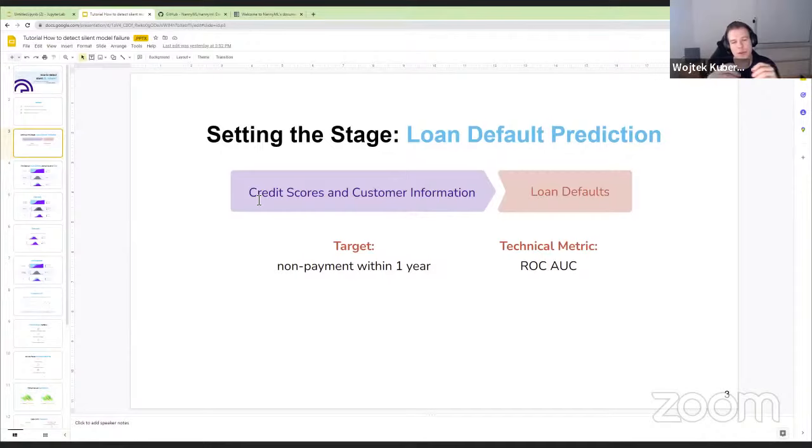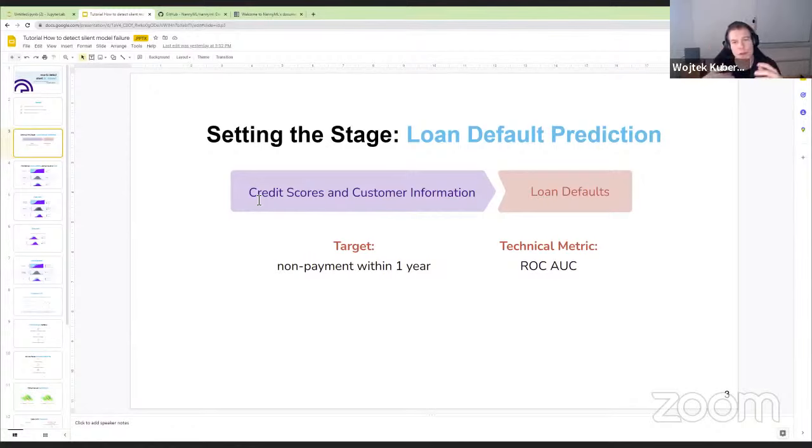The target here is going to be a non-payment within 1 year. That means that we'll have to wait an entire year before we know whether our predictions were correct or not. To measure the performance of our machine learning algorithm, we're going to be using a technical metric such as ROC AUC, which is a very typical metric for evaluating binary classification models like this use case.